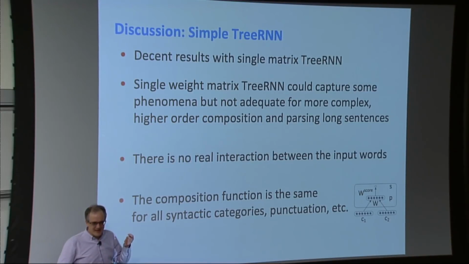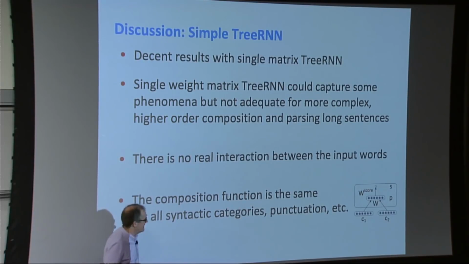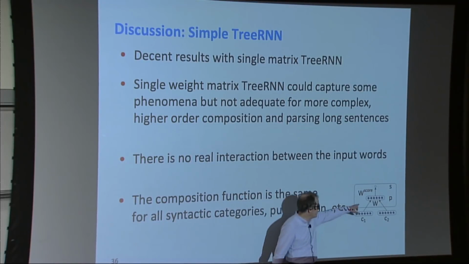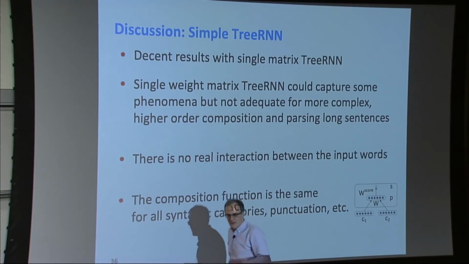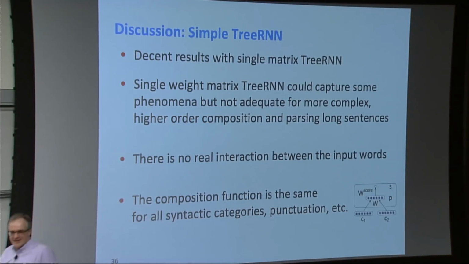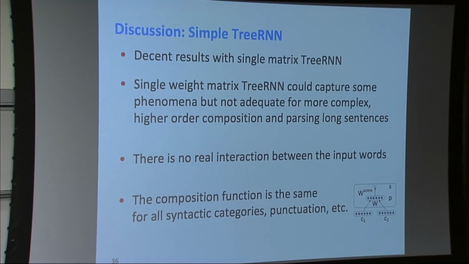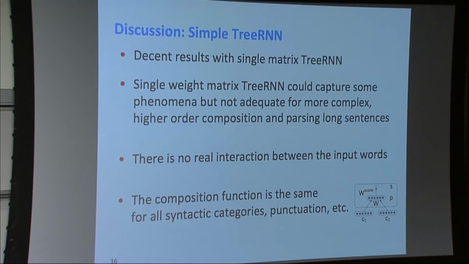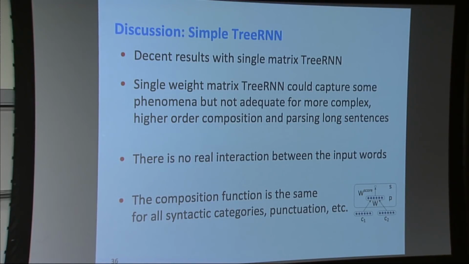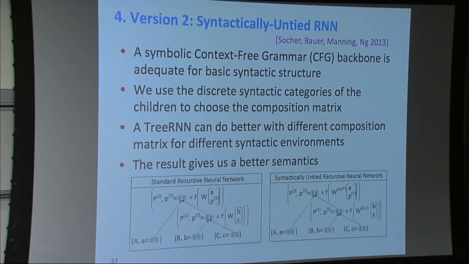Sometimes adjectival modification, blue ball. These things are very different in their semantics. Can it really be the case that you can have just one weight matrix that is this universal composition function for putting together the meaning of phrases? Could that possibly work? You might suspect it doesn't. So I'm going to go on and show some of those different things.